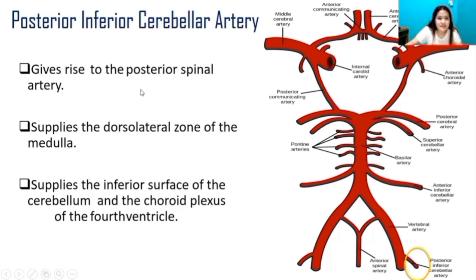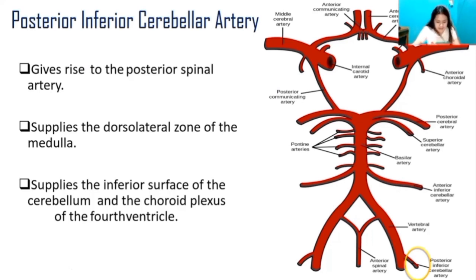This one gives rise to the posterior spinal artery. We can see here in the structure below, on the right side, the yellow circle is the posterior inferior cerebellar artery. It supplies the dorsolateral zone of the medulla, the inferior surface of the cerebellum, and the choroid plexus of the fourth ventricle.